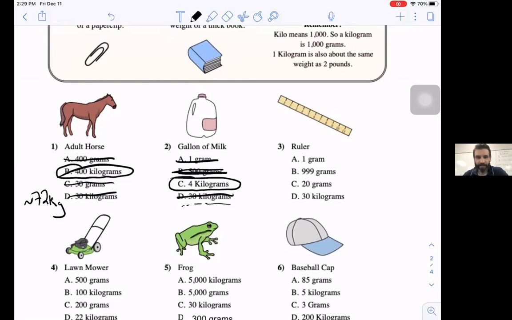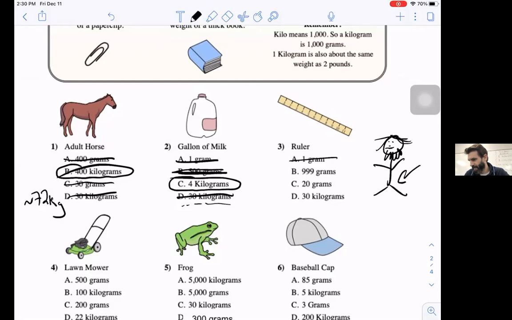So a typical ruler is more than a gram. It's certainly not 30 kilograms, right? An average adult here, this is my grown person. It's me with my COVID hair, and I'll give myself a little beard and mustache, right?